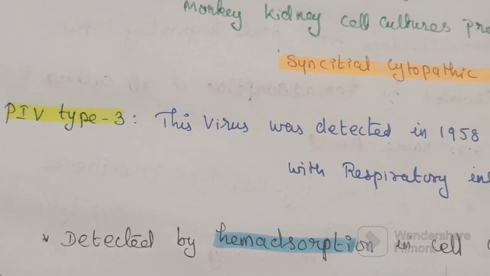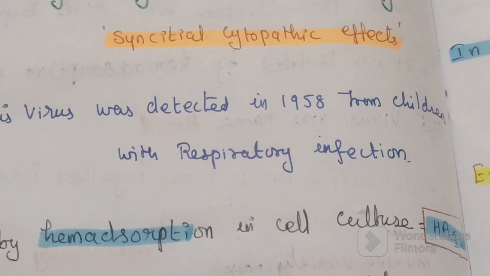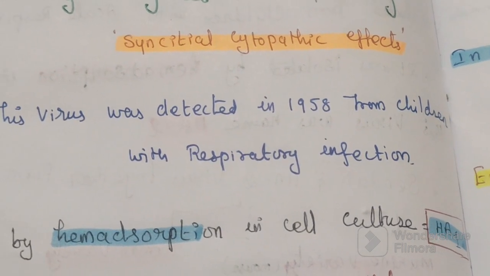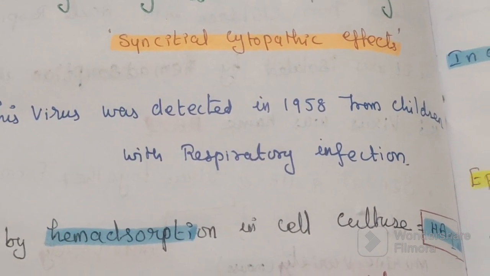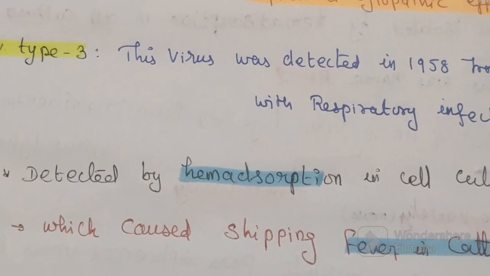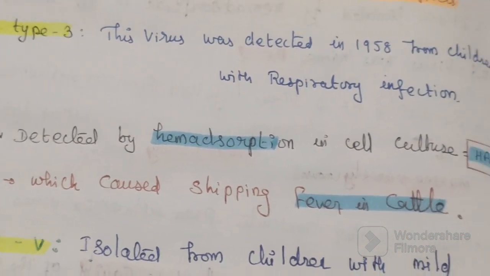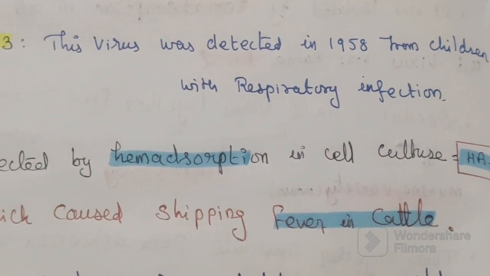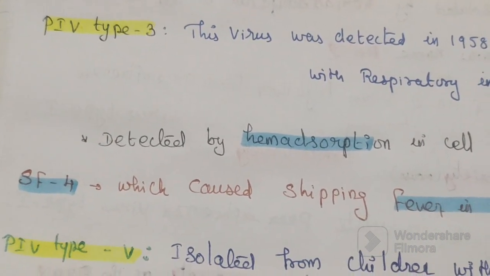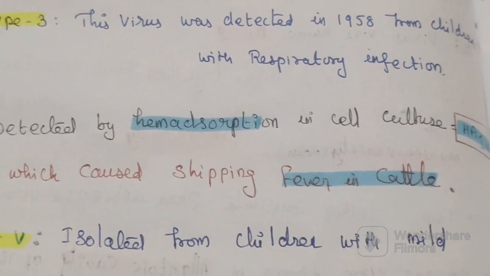Next, parainfluenza virus type 3. This virus was detected in the year 1958 from children with respiratory infection, detected by heme absorption in cell culture. It was named HA1. The related virus of HA1 is SF4, which causes shipping fever in cattle.